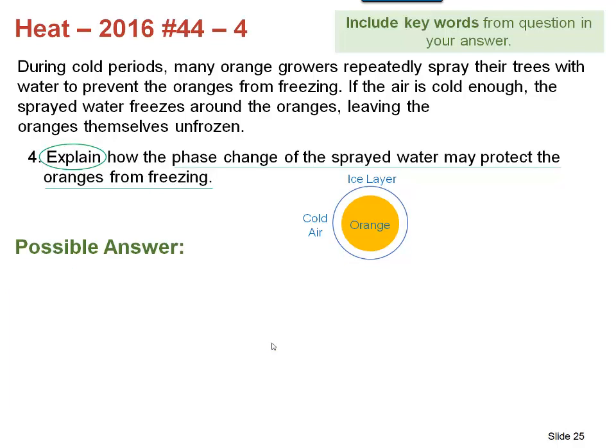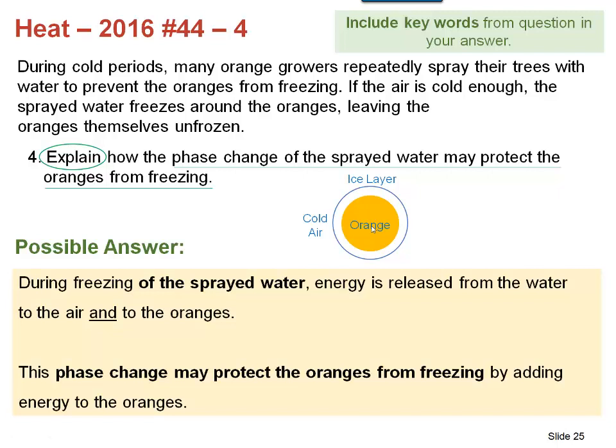Explain how the phase change of the sprayed water may protect the oranges from freezing. So, by forming this layer of ice around the orange, how does that keep the orange itself from freezing? During freezing of the sprayed water, energy is released from the water to the air and to the oranges.